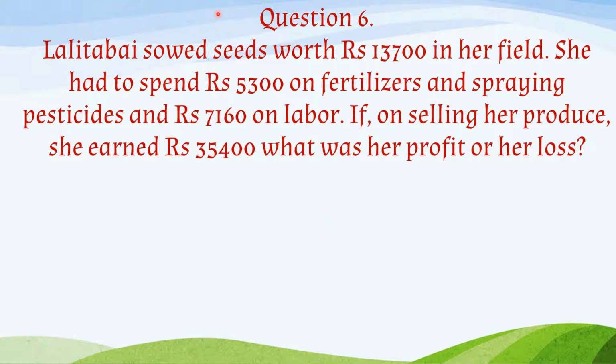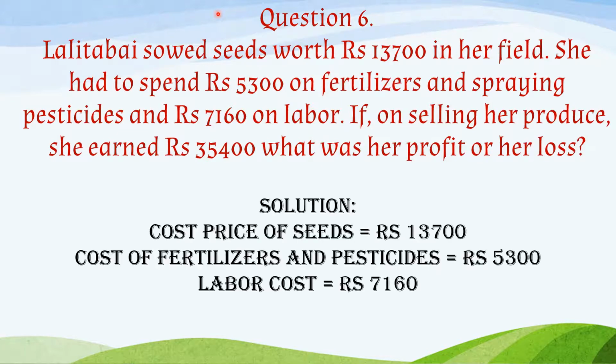So let's find out. So here the cost price of the seeds is rupees 13,700, cost of the fertilizer and the pesticides is rupees 5,300, and labor cost is rupees 7,160.